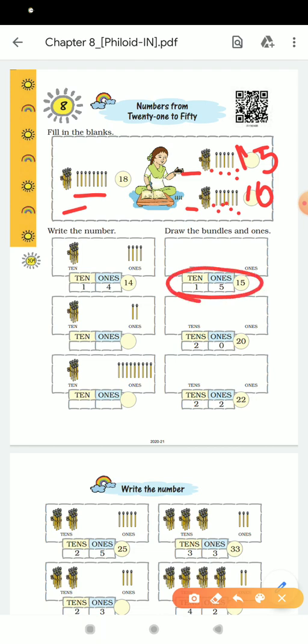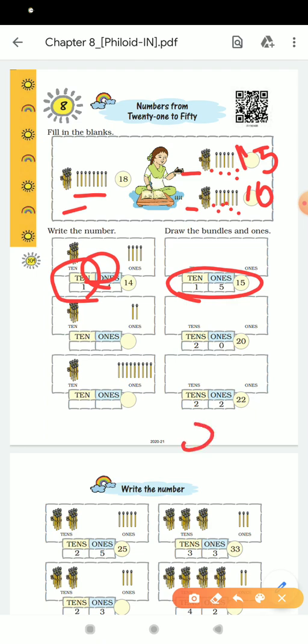So the last number, in the last place, its place value is ones, and the next number, its place value is tens. Why are we taking ones first? Why are we not saying tens first?